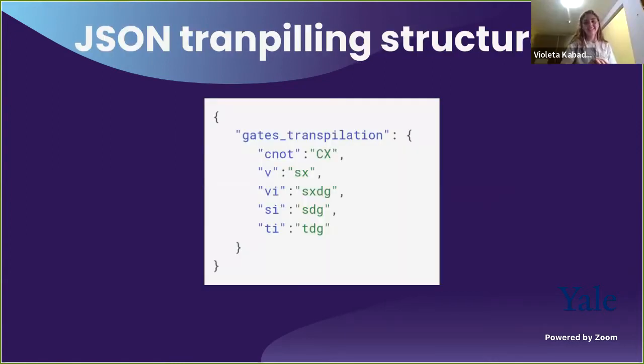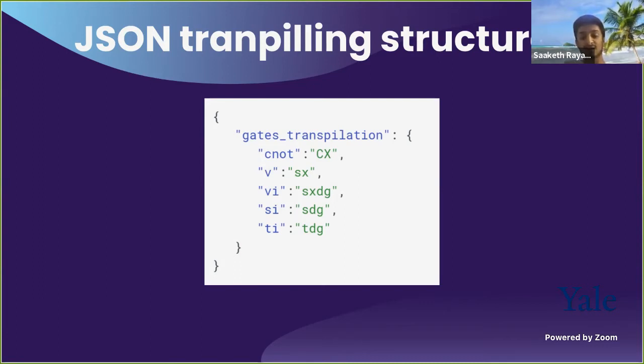So we'll go a little bit more into detail about our transpiling structure and how this process was implemented. Here we have a little example of the JSON script we whipped up. Some of these gates are special cases, and we considered them so because the naming structure on Amazon Braket and OpenQASM were different.